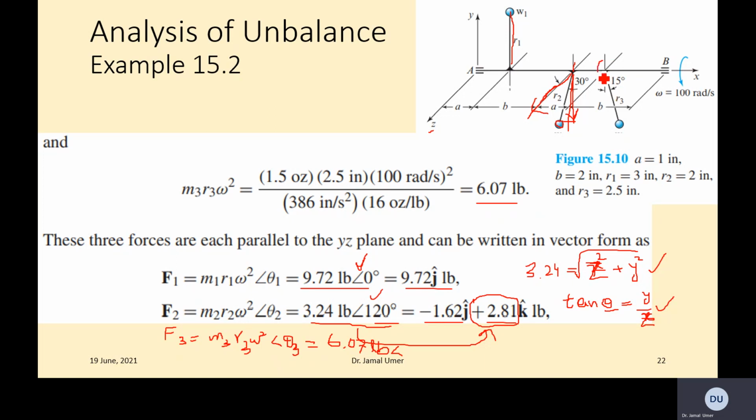If you go all the way to this angle, it is 180 and then a further 15 degrees. So 180 plus 15 is 195. You need these two, magnitude and angle, to find the vector.